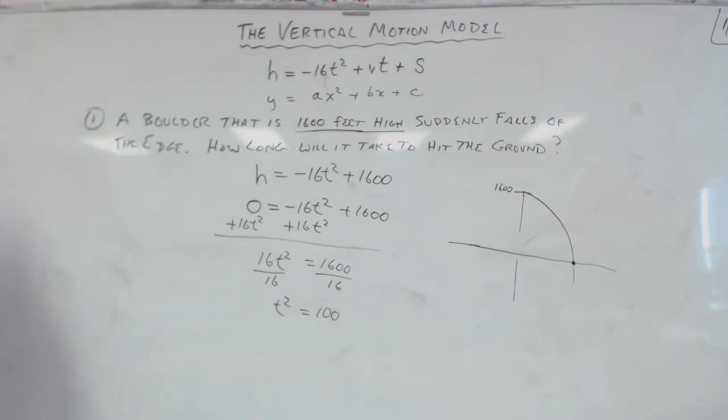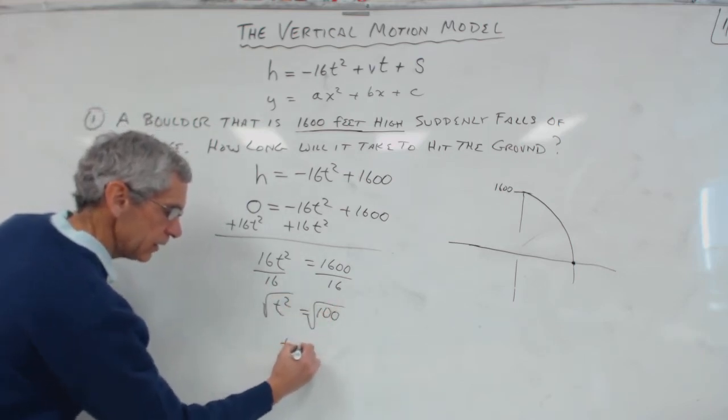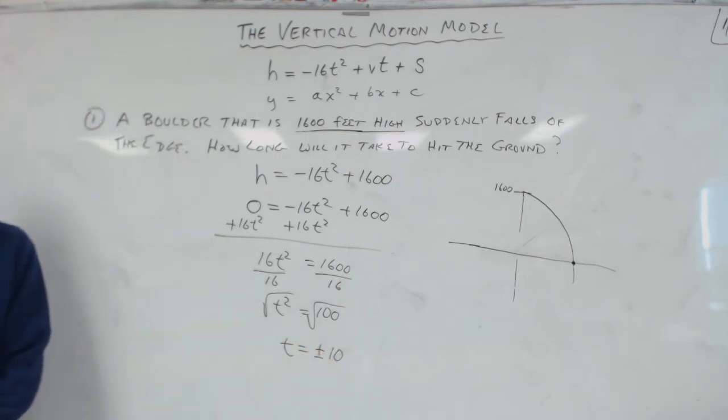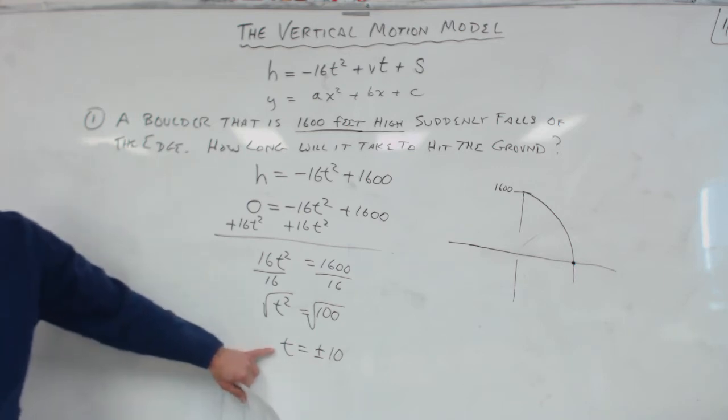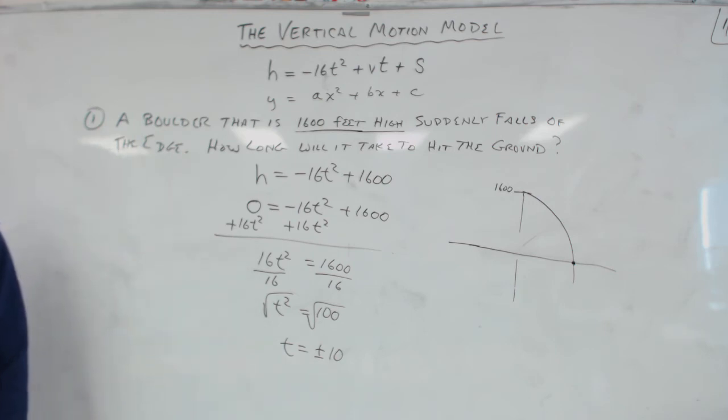Now what would I do? Then you find the square root of 100, which is 10. Right, square root both sides. So I have t is equal to plus or minus 10. You with me? Look how easy that was, right? Now, what is the real answer? 10 seconds.